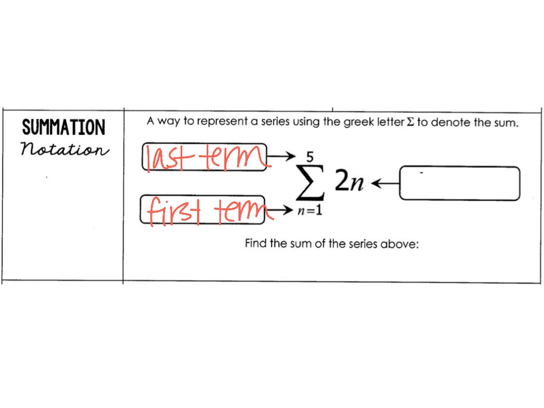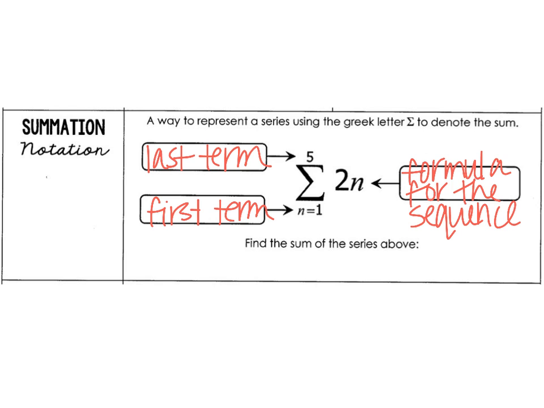And this right here is going to be the formula for the sequence. So this is going to be like your function. What are you using? Could be a recursive formula, could be an explicit formula. So what follows the sigma is always your formula for the sequence.